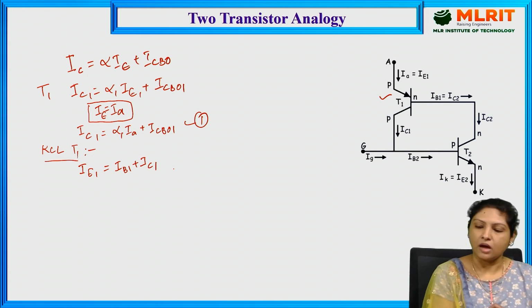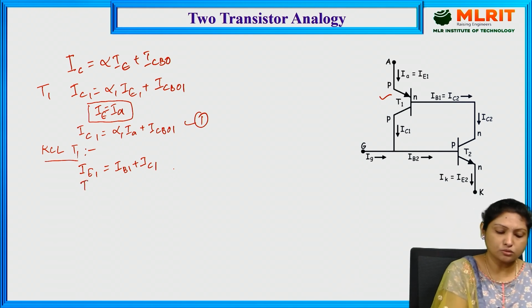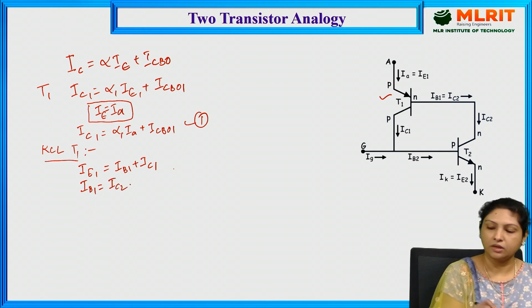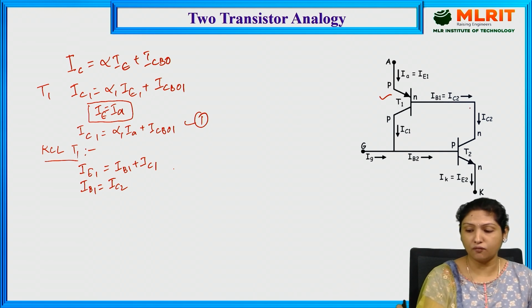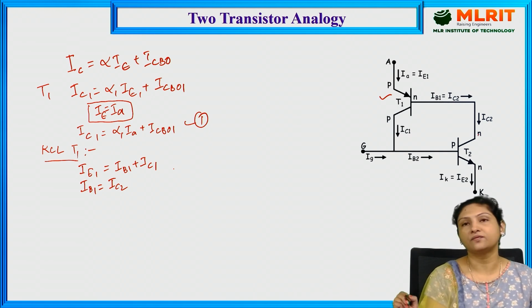And we can also write IB1 is equal to IC2. If you see, the base current of transistor 1 is what flows through the collector terminal of transistor 2. That is the reason we take IB1 is equal to IC2.